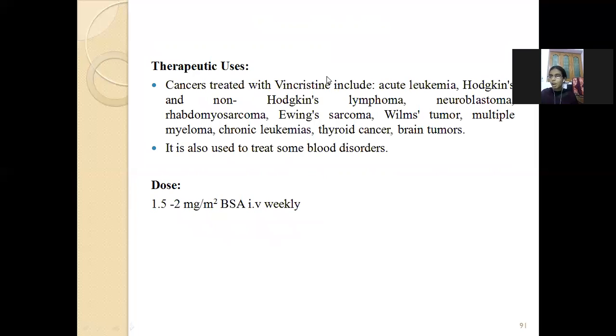It is also used to treat blood disorders. The dose is 1.5 to 2 mg by intravenous route, taken weekly.